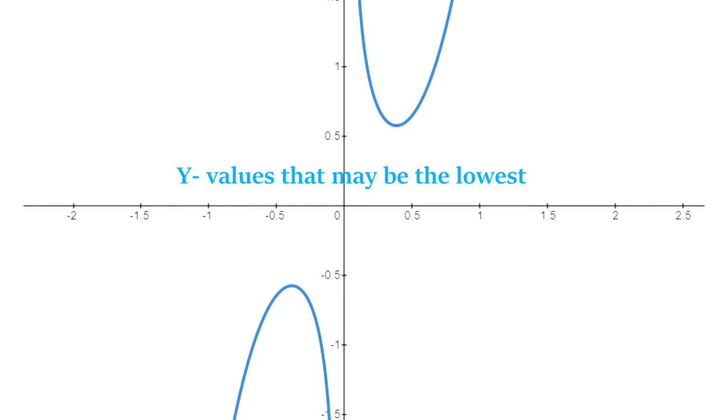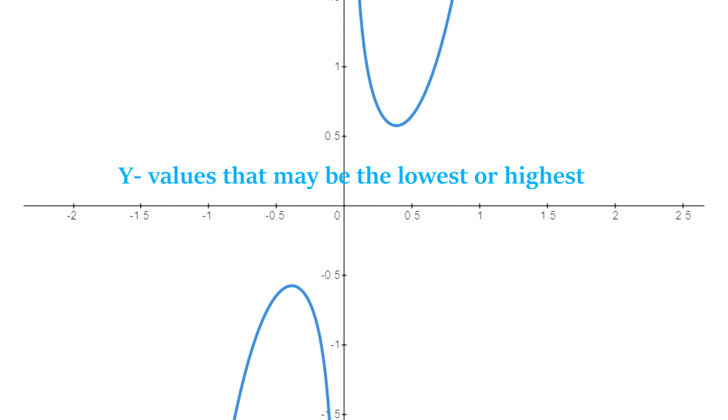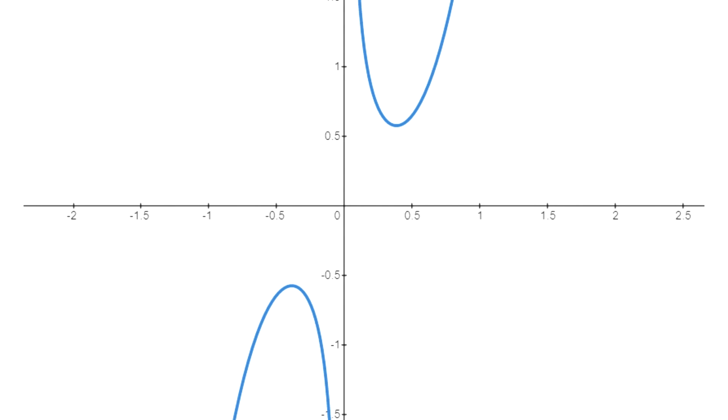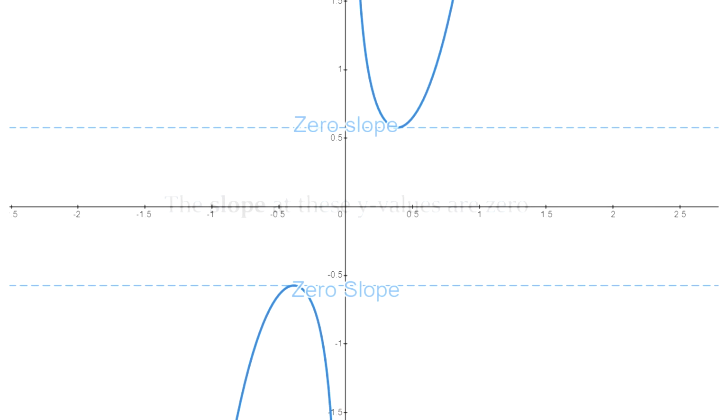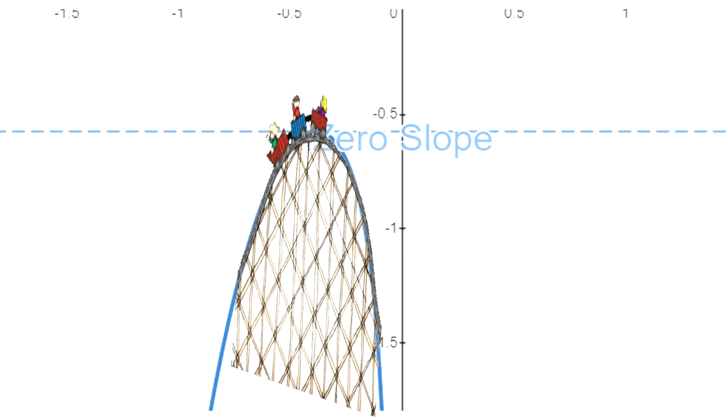Well, they are y values that may be the lowest or highest point on the graph, but the important characteristic of these values is that the slope of that value is generally 0, where it's that good part of the roller coaster ride. Since at these values the slope is 0, the derivative must be 0 at that point too.